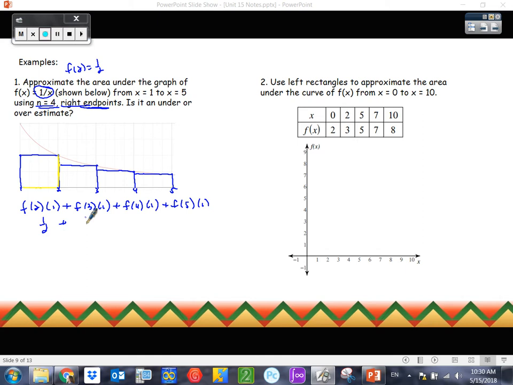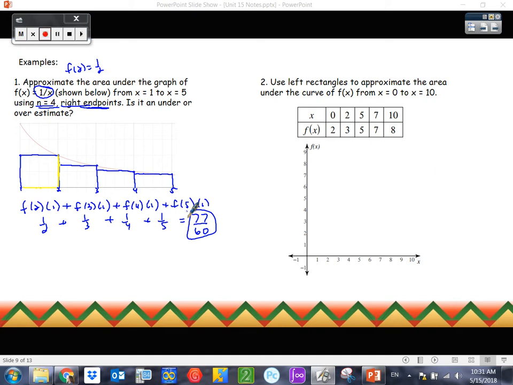So it'll be 1 over 3 times 1, which is 1 over 3, plus, I'm going to go back and plug a 4 in, 1 over 4 times 1, which is 1 over 4, and 1 over 5 times 1, which is 1 over 5. And then with the calculator, we could add this up fairly quickly. It's 77 over 60. So that's my estimate using a right Riemann sum or right endpoints.